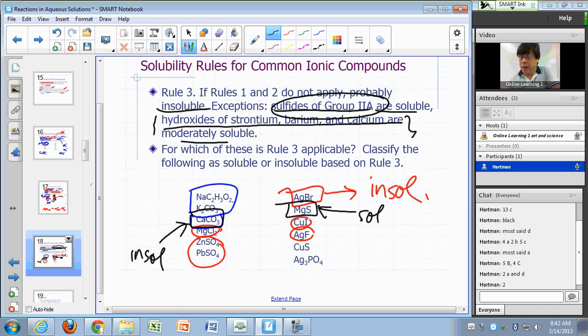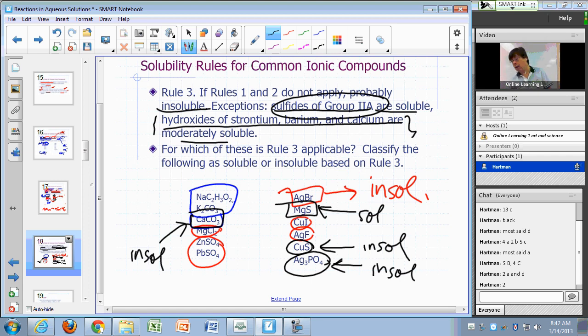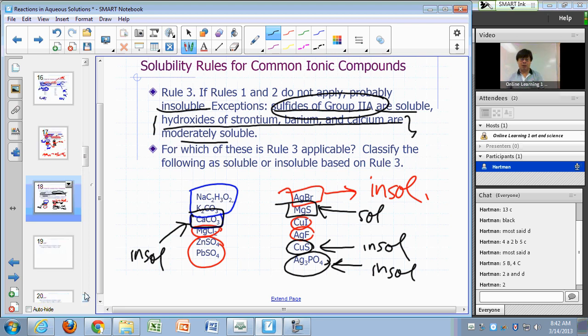Copper sulfide. It's not an exception, so according to rule number 3, that is insoluble. And finally, silver phosphate is not one of the exceptions to rule number 3, so you say it's insoluble. Okay, so you can determine whether something is soluble or not. You can predict based on these common solubility rules.